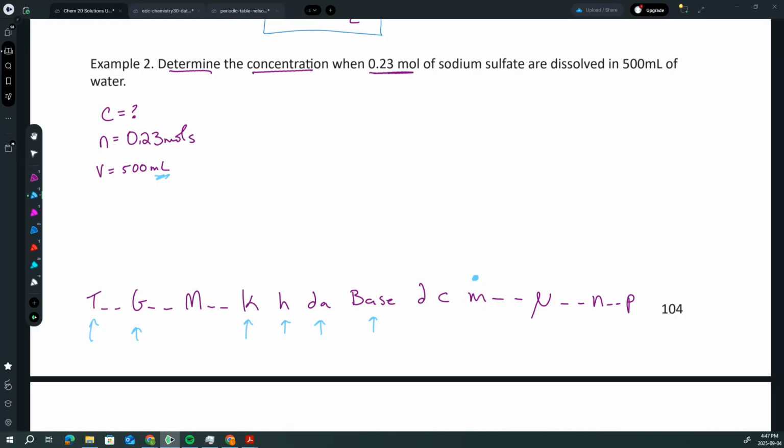The base units are any units that don't have a prefix, so that's going to be like your grams, liters, moles, and so on and so forth. And then this is the prefix deci, centi, milli, micro, nano, and pico.